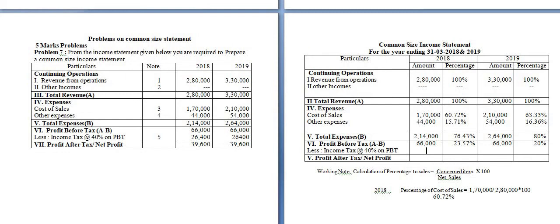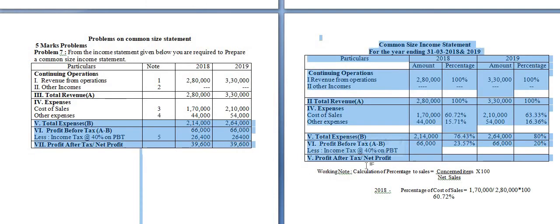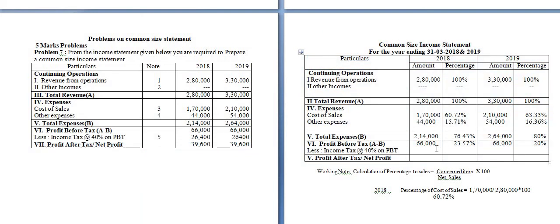Less income tax at 40% on PBT. Here you can check, we will be using the same format. There will be no change in the format. How much is the PBT, profit before tax or operating profit? 66,000. So 66,000 into 40 upon 100 is equal to 26,400.